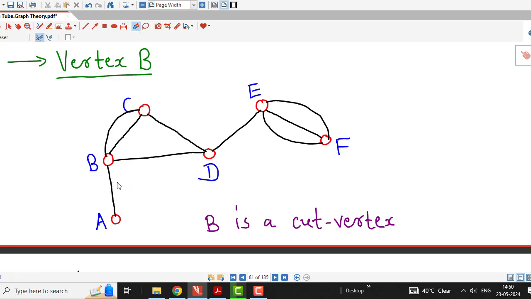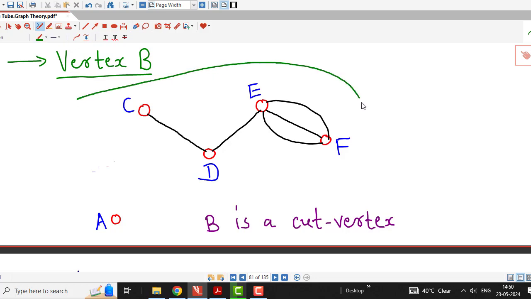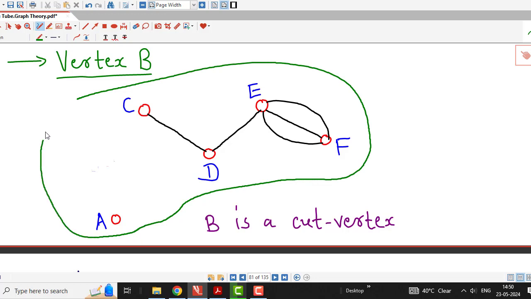This is an edge whose endpoint is B. This is also an edge with B as an endpoint. This edge is also, and this one is also, and we have to remove vertex B also. Now you can see that the graph we obtain after removing vertex B and all edges incident with vertex B is clearly disconnected.